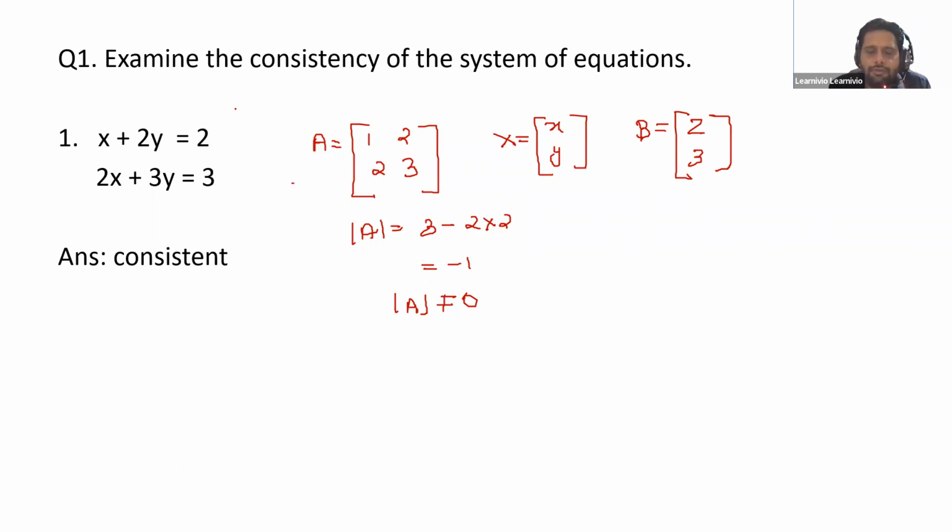This is clear, Josefa? For these types of questions, for the 1 mark question, you just need to find the determinant and then check if it is not equal to 0, and then it is consistent.